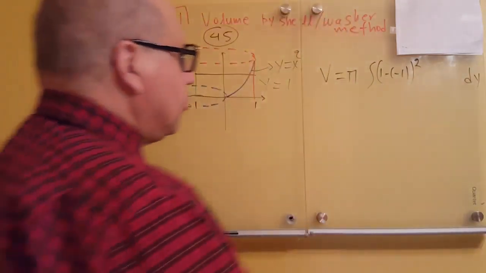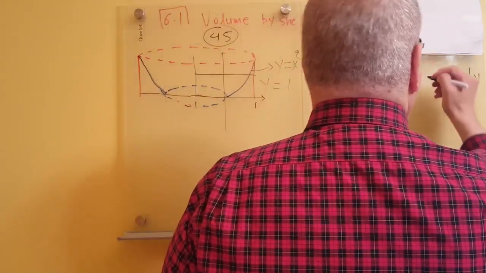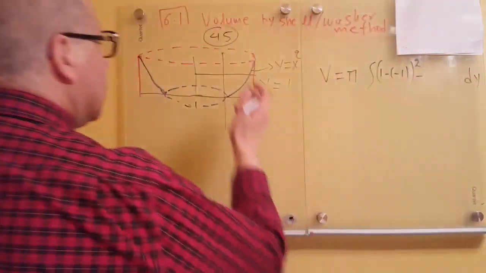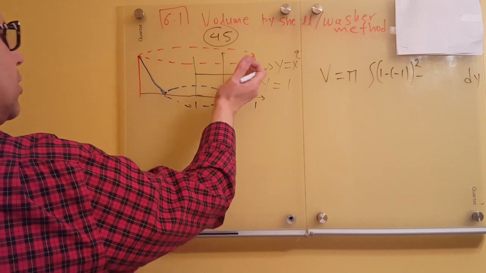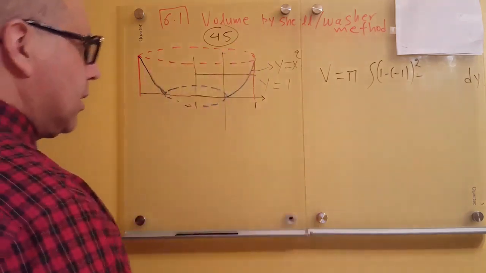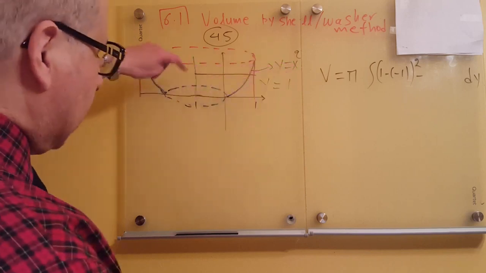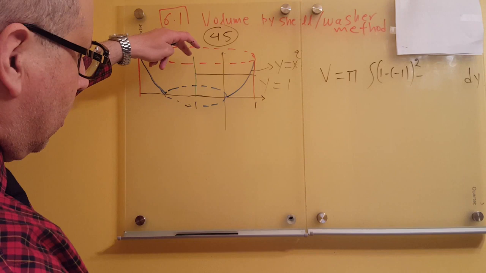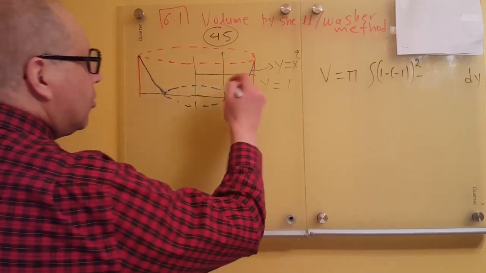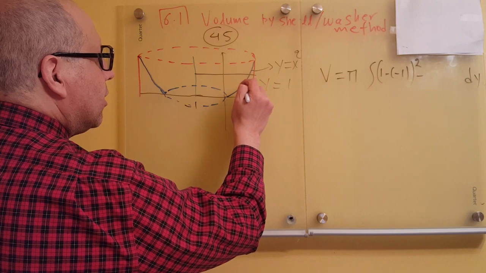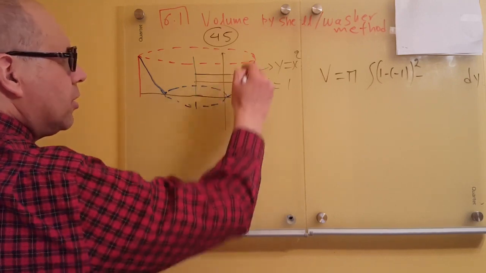And now the second, it should be minus, because we rotate this and then we rotate the blue line, so we have to subtract this. It's again a washer method, but with respect now again to the green line. So now the radius is the distance from, let's say, this point to this point.